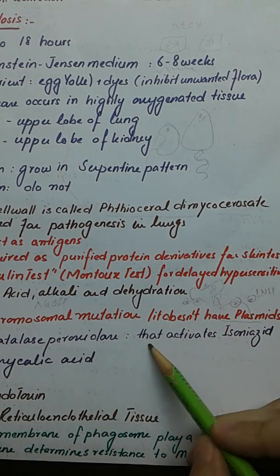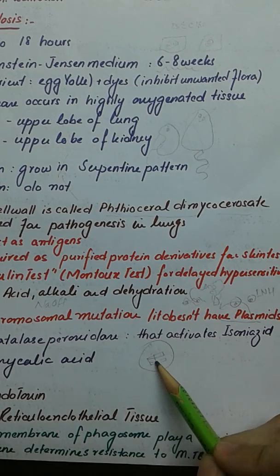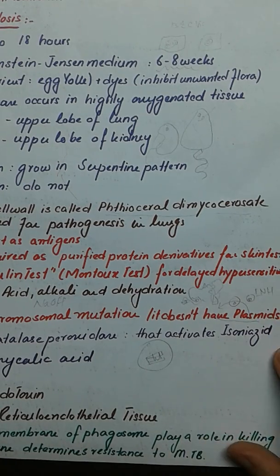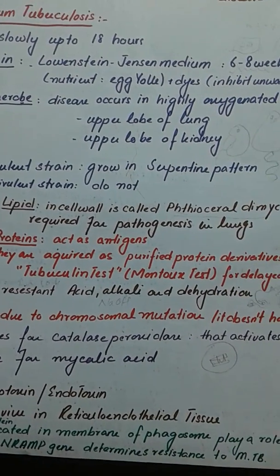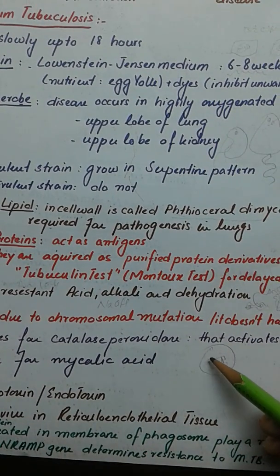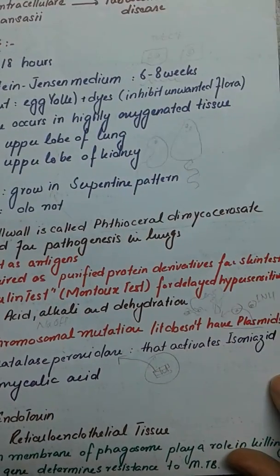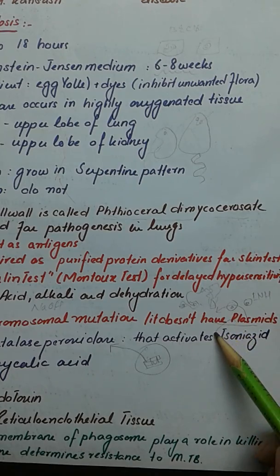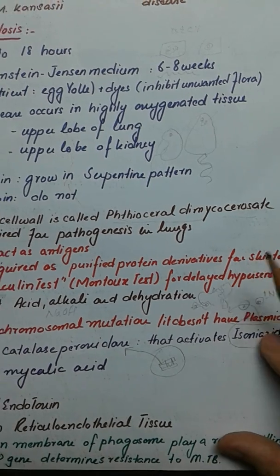Instead, in that single bacterium, some genetic mutations occur which cause it to be resistant. For example, in the DNA, the catalase peroxidase gene, if it is not properly functioning, gives resistance to our drug isoniazid, which is one of the principal drugs against Mycobacterium tuberculosis.